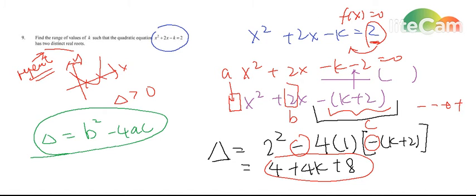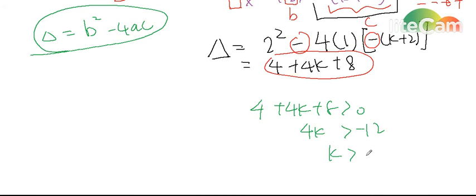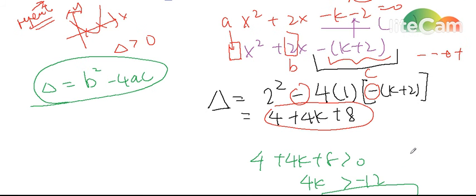And as we can see from the questions, the delta is larger than 0, so this part is the delta, so it is larger than 0. And after the simple calculation, we know that k is larger than negative 3. So here k is larger than negative 3 is the answer of these questions. And it is not very difficult.